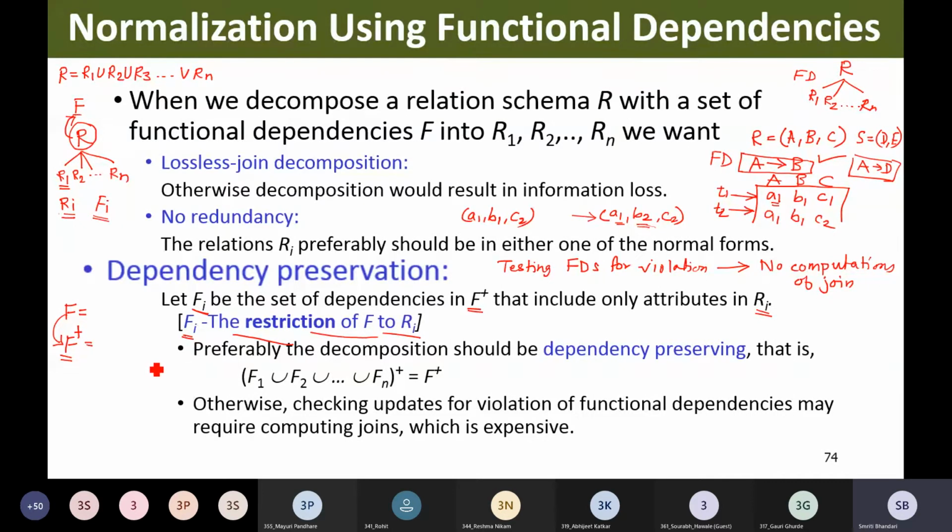So Fi includes only the attributes in our relation Ri. If I have n relations, I'll have n such restrictions of F with respect to the relations Ri.